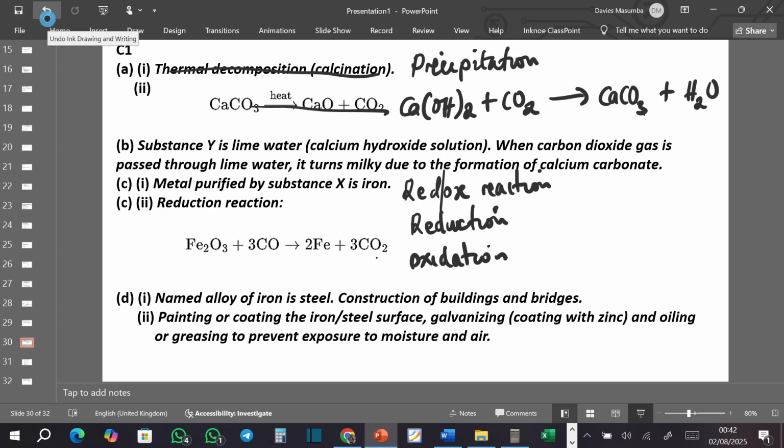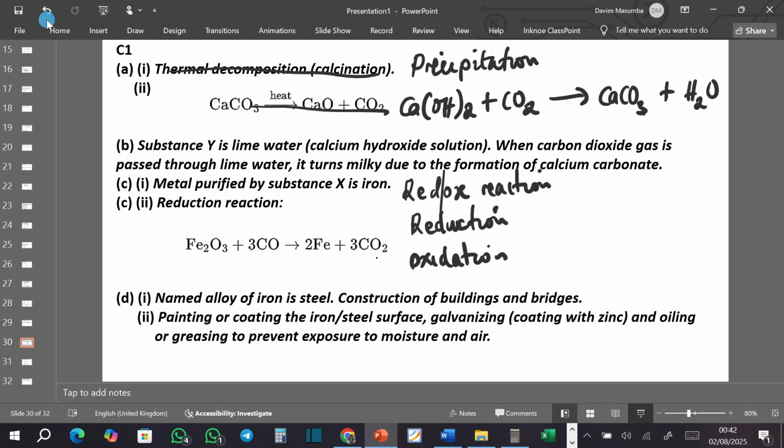Just listen. Reduction is the removal of oxygen from a substance or addition of hydrogen to a substance. Then oxidation is the addition of oxygen to a substance or removal of hydrogen from a substance.